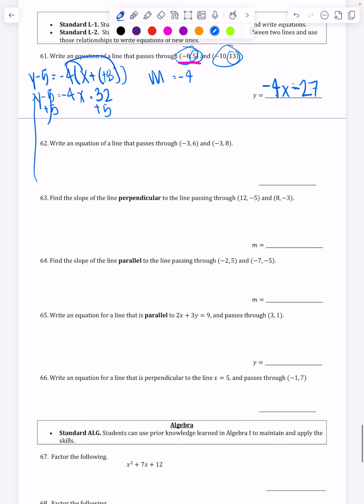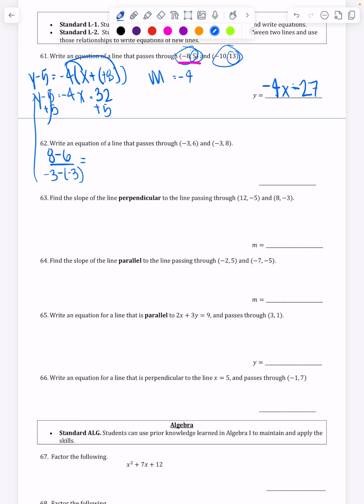No, okay. Oh, how funny. They're a little bit different on my thing here than what I already worked out. Anyway, sorry. Long and short of it, I'm going to do 8 minus 6 over -3 minus -3.